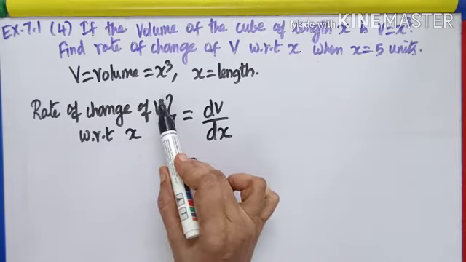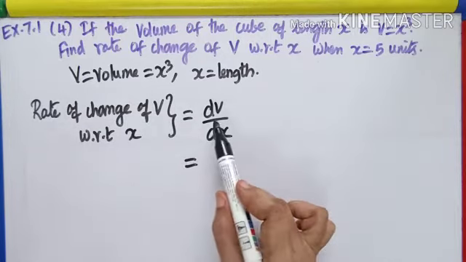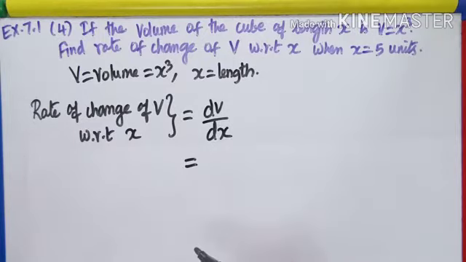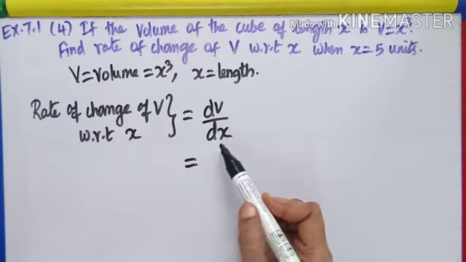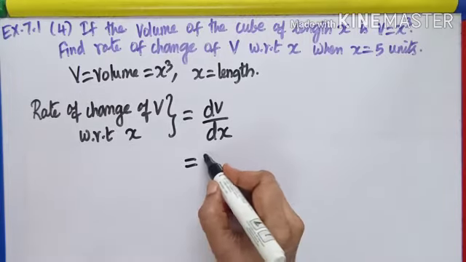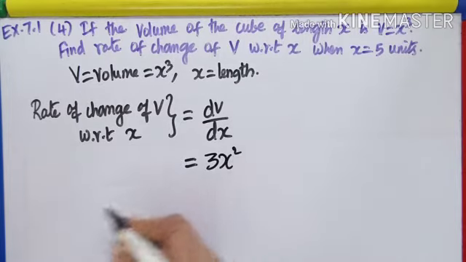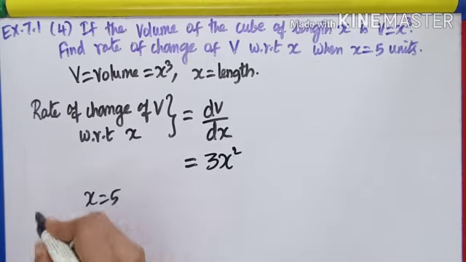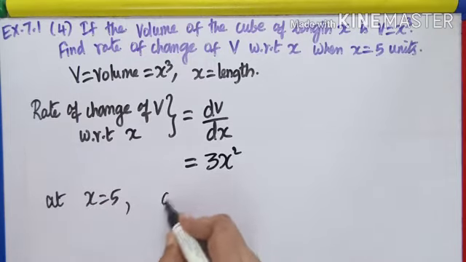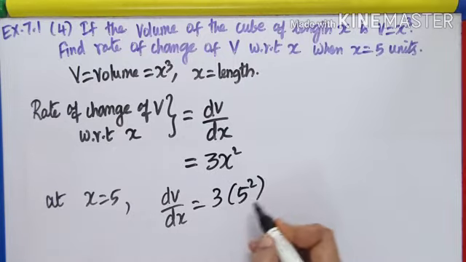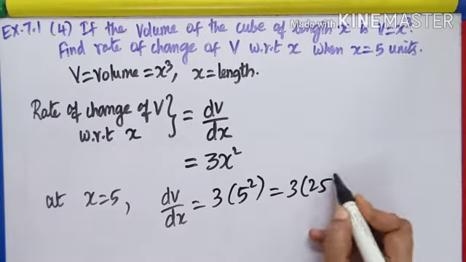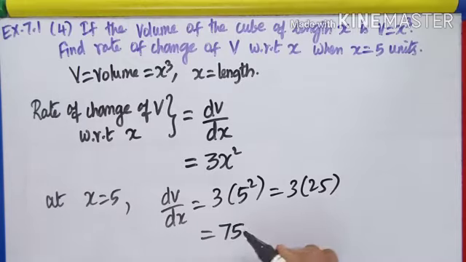Since they have given V with respect to x, the formula is dV by dx. What is V? x cube. If I differentiate with respect to x, x cube will become 3x square. Given x is equal to 5, so dV by dx equals 3 into 5 square, or 3 into 25, that is 75.